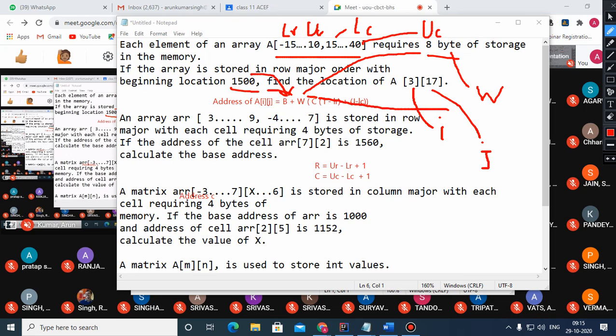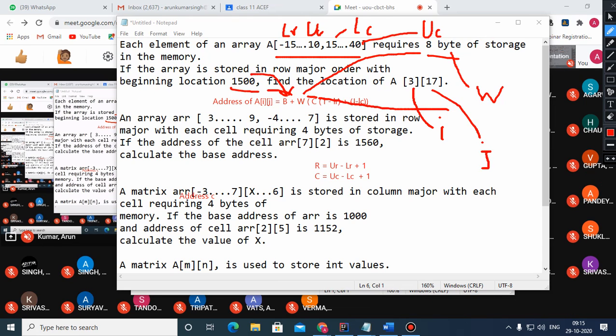In row measure, always remember that the column count C is involved and it will get multiplied with this term, I minus LR. And if it is column measure, then the row count R will be involved, and that R you have to multiply with J minus LC. These two things you have to remember.